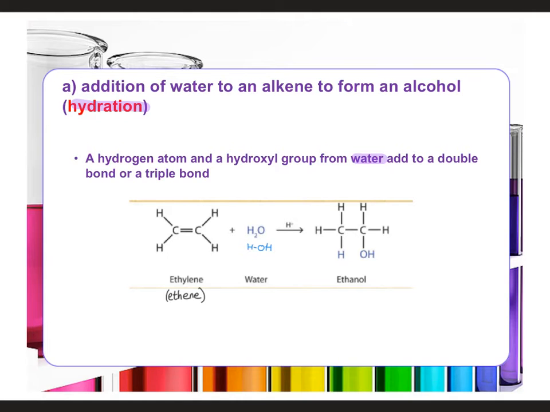We're going to break one of these bonds in the double bond, and instead of that, we're going to add a hydrogen to one carbon and a hydroxyl to the other carbon, forming a new compound, which, as you can see, is an alcohol, and this particular one is called ethanol.